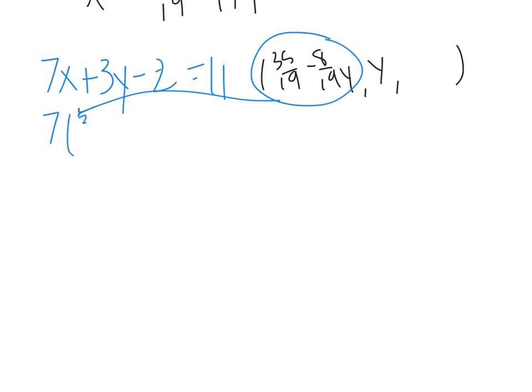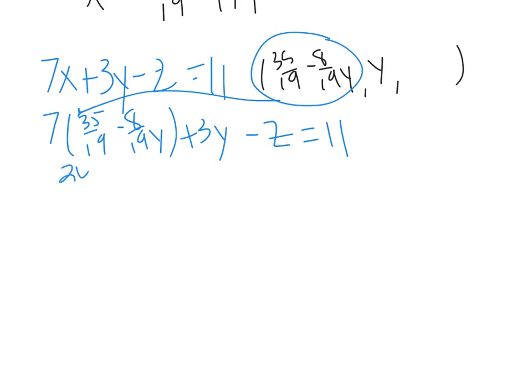So I have 7 times 35/19 minus 8/19 y plus 3y minus z equals 11. And I'm going to go ahead and start distributing. So we have 245/19, because remember this is over 1, minus 56/19 y plus 3y minus z equals 11.